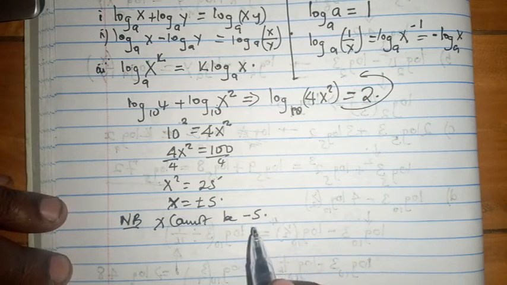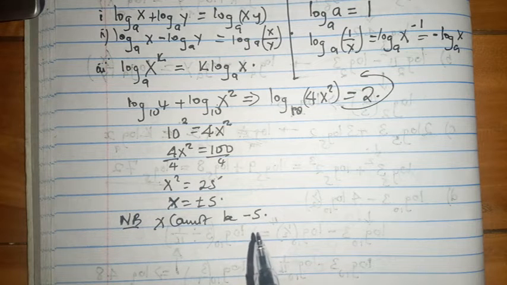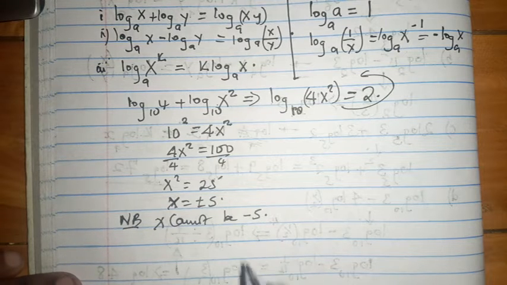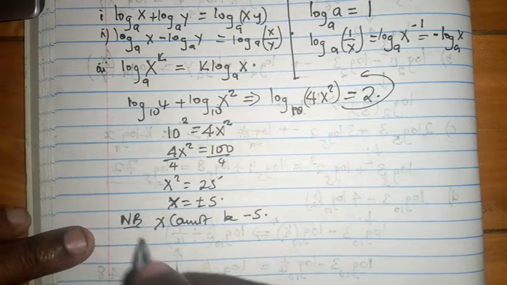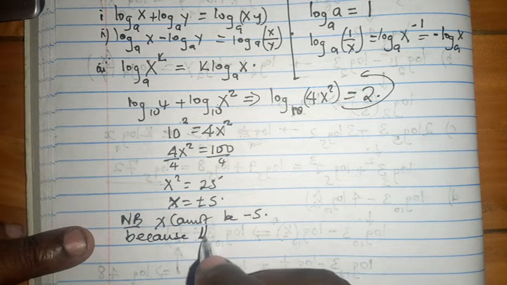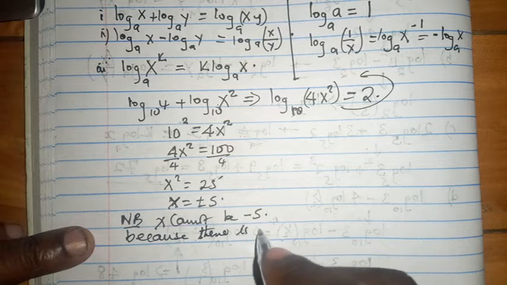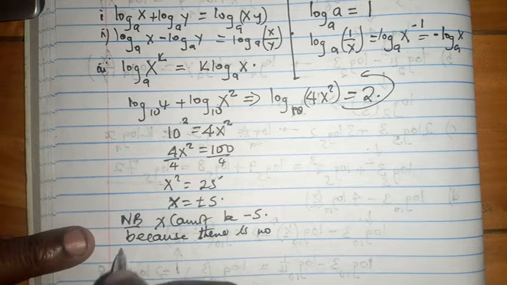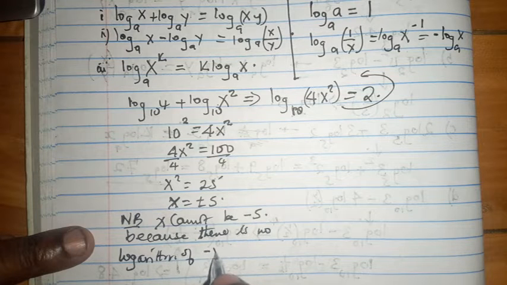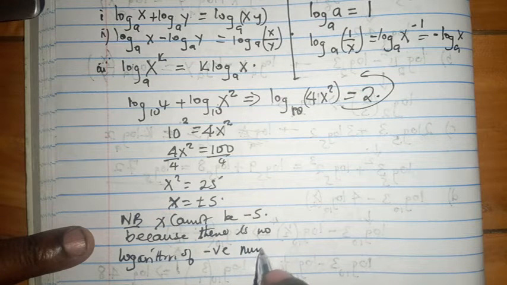The reason why x cannot be negative 5 is because we do not have logarithm of negative numbers.